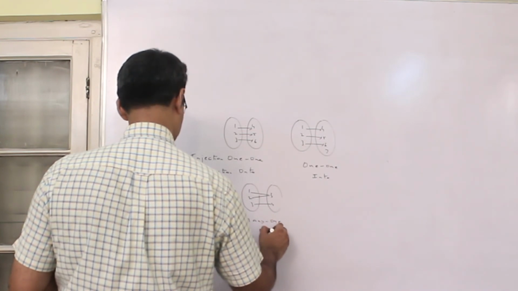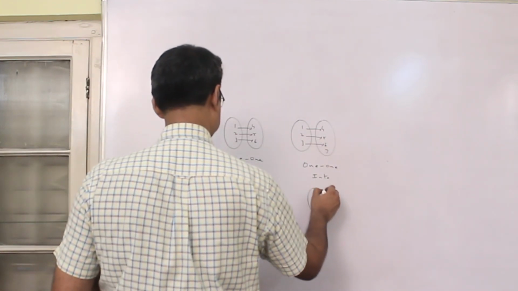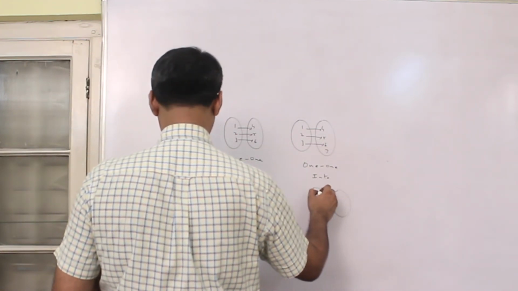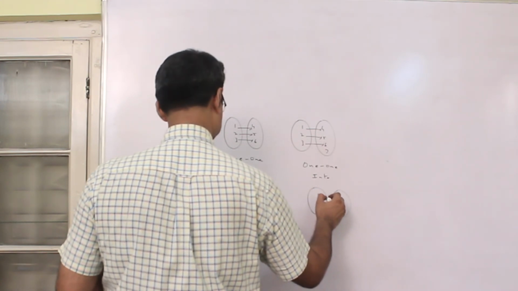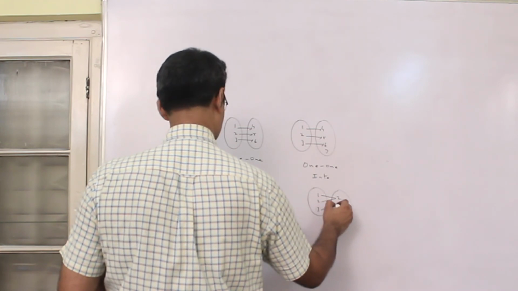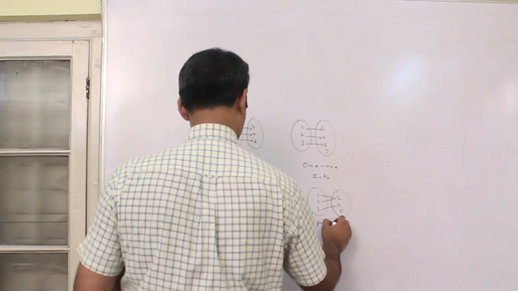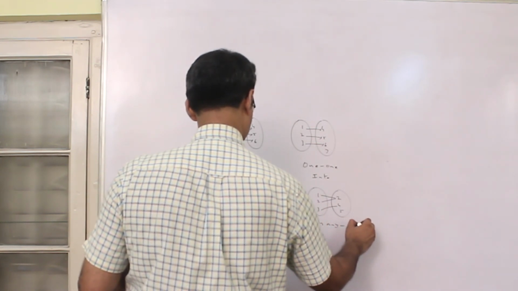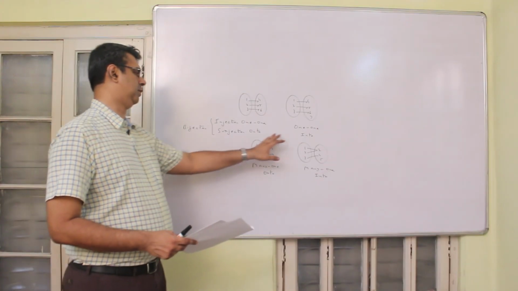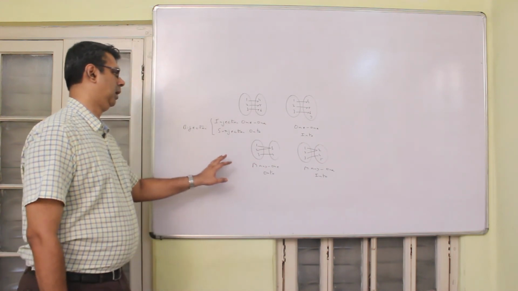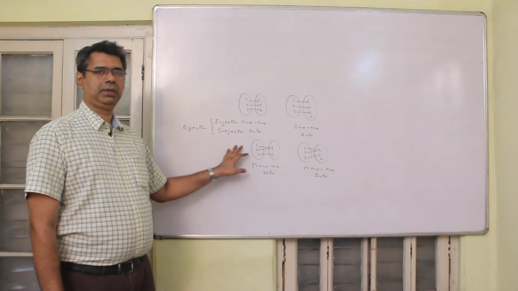This function is many to one and onto. And this function is many to one into. So these are the 4 different types of functions, and with this we come to an end of our first session of the chapter functions.